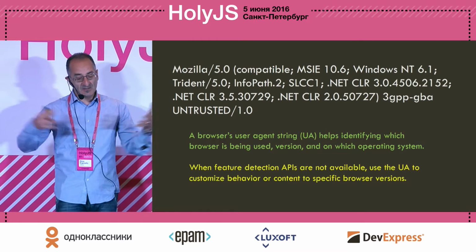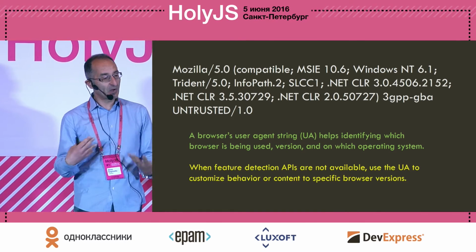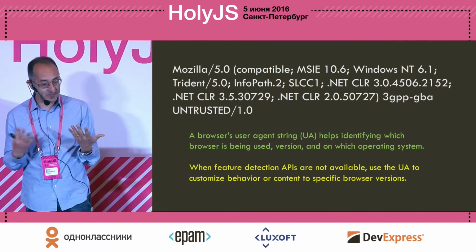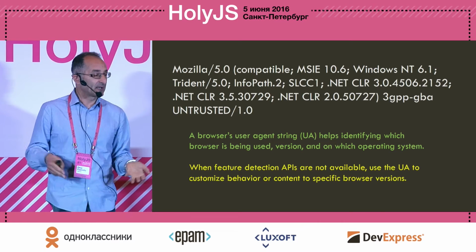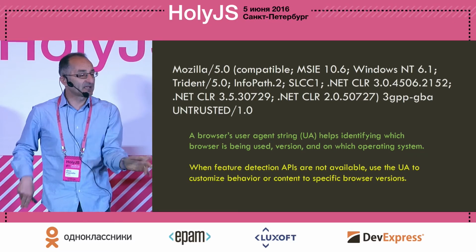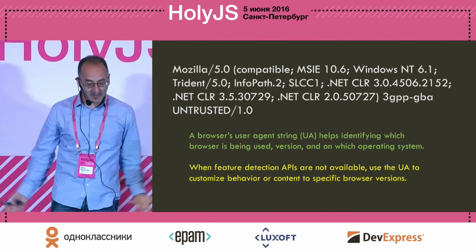It's a long string, well, not immensely long, it could be 100 to 200 characters typically, but not really intelligible for most humans. Something like Mozilla, and by the way, Mozilla is there, but it's totally ignored. It's there for some sort of backward compatibility.